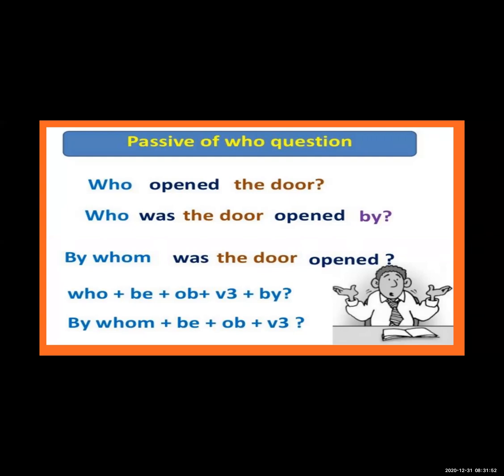So you can see this, by will come at the starting of the sentence, and then who will become whom, and rest of the sentence is same. At the bottom the formula is given how to remember this: Who plus be plus object plus verb 3 plus by, and the next, by whom plus be plus object plus verb 3 and question mark. So take the screenshots also if you want. It is the conversion of WH question in passive form.